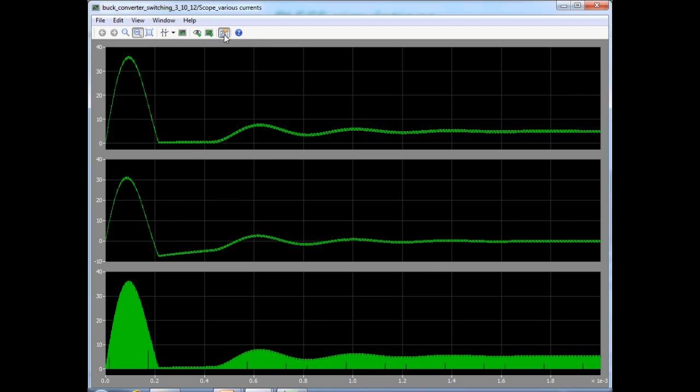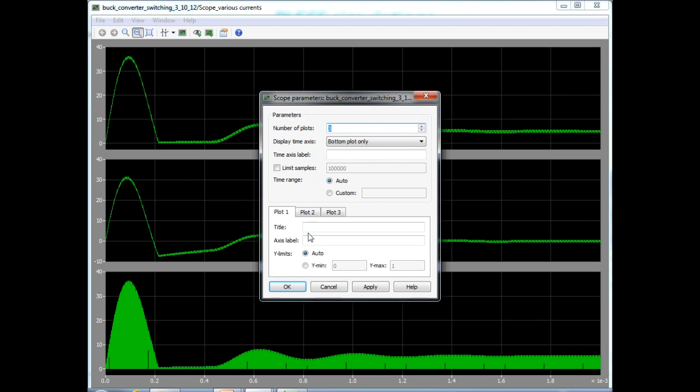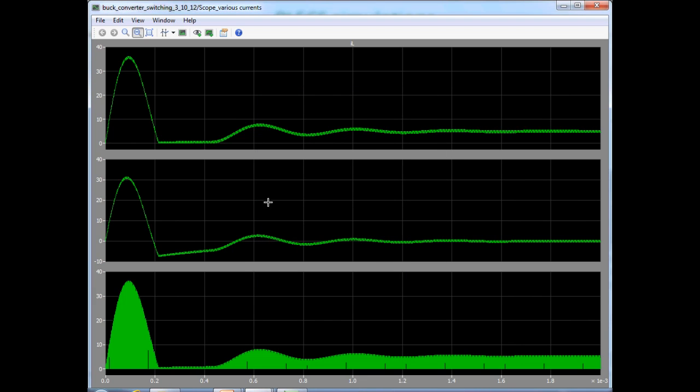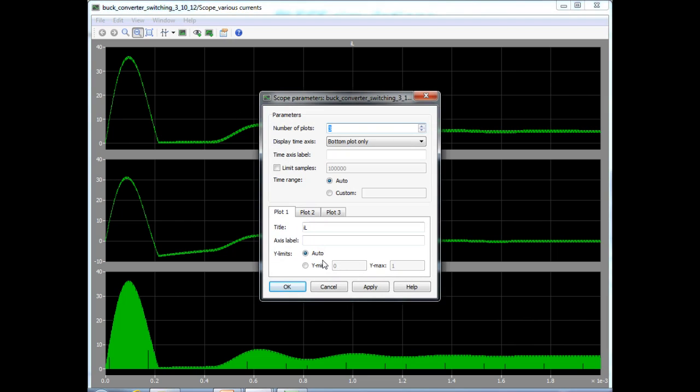I could even name them. So plot 1, I will call it IL, plot 2 is I sub C, and plot 3 is IN.